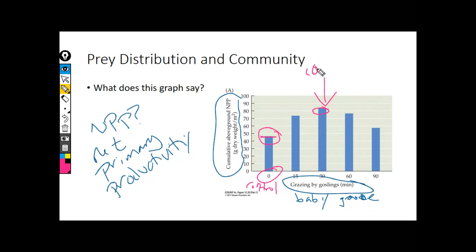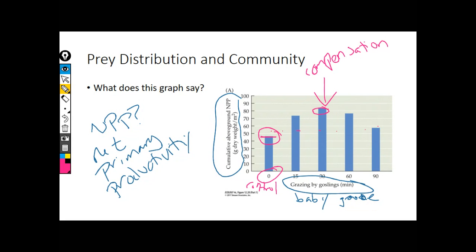Compensation. Good. We can all, by the way, be annoyed by the fact there's no error bars on here. Okay, so that's -5 points for the authors. Okay, after the 30 minutes of evil gosling behavior, we see that the more evil gosling time the plants get, while this is still more than the control, although this is questionably significant, this starts to reduce down.